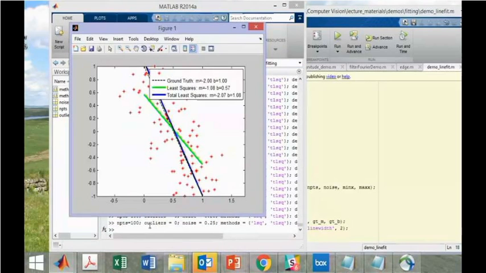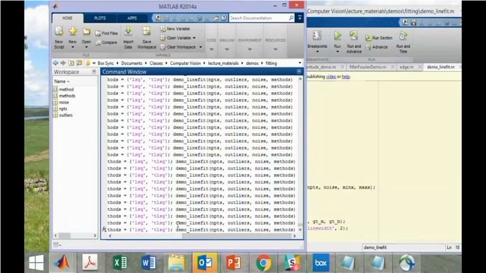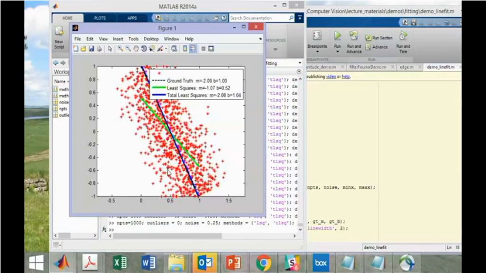And for any amount of noise, if I increase the number of points enough, then I'll still have a good fit, as long as my error model is a good fit to the noise, or it accounts for the noise in an appropriate way. So this kind of looks like a mess to us, but total least squares is able to get a very accurate estimate out of it. The more points you have, the less sensitive you are to noise.